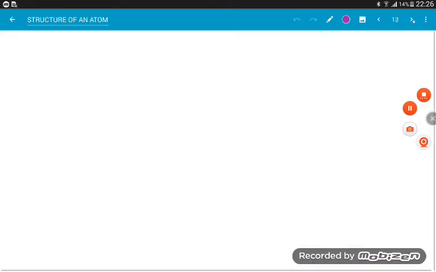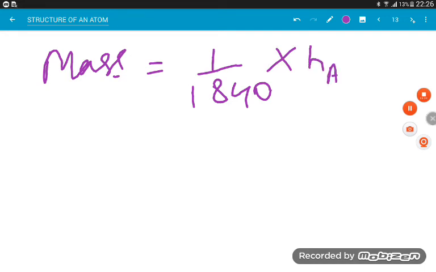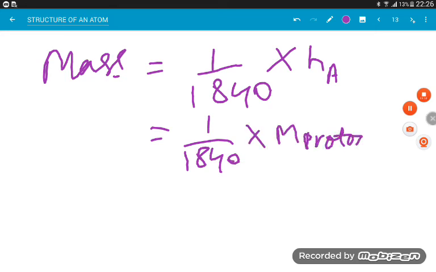Now let us discuss some of the characteristics of the electron. We must remember that the mass of an electron is 1 by 1840 times the mass of the hydrogen atom. This is nothing but 1 by 1840 times the mass of a proton, right?